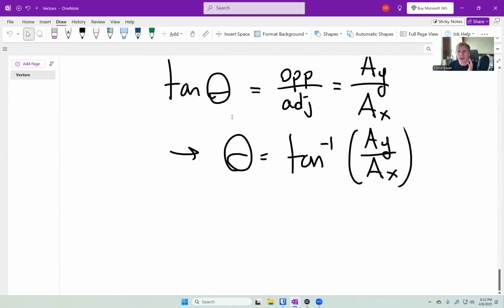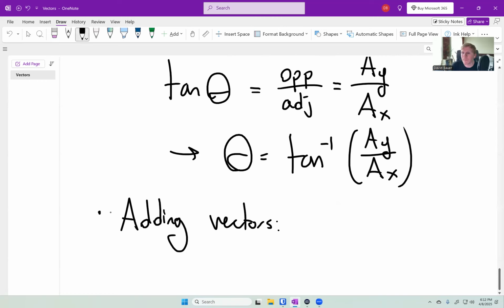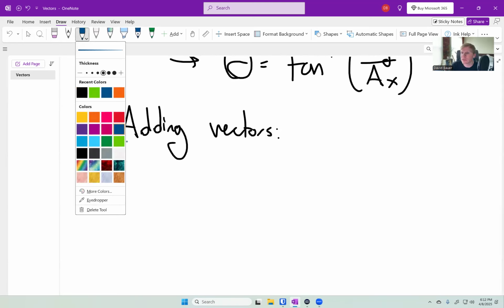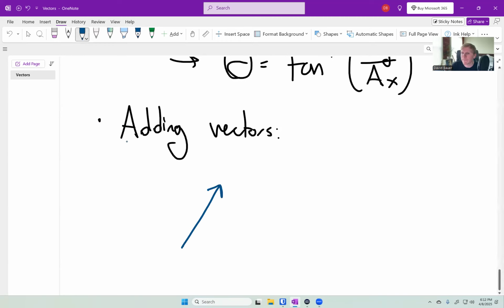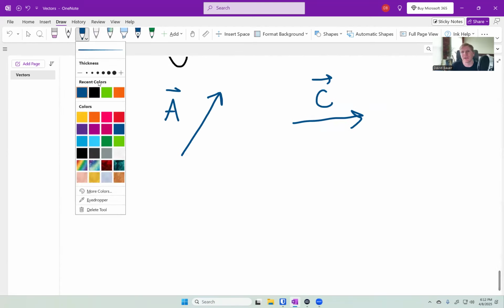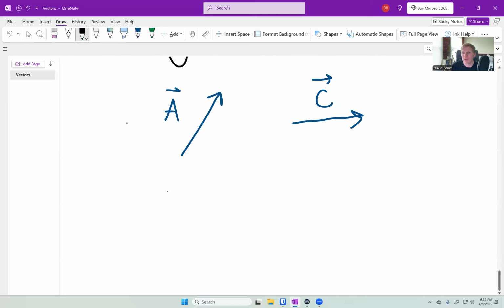All right. Another thing I want to be able to do with vectors is add them. Now I can do this graphically. If I have two vectors, let's say A and C, and I want to add these two vectors to get a new vector, then the graphical way to do it is using something called the tip-to-tail method, or the parallelogram rule.